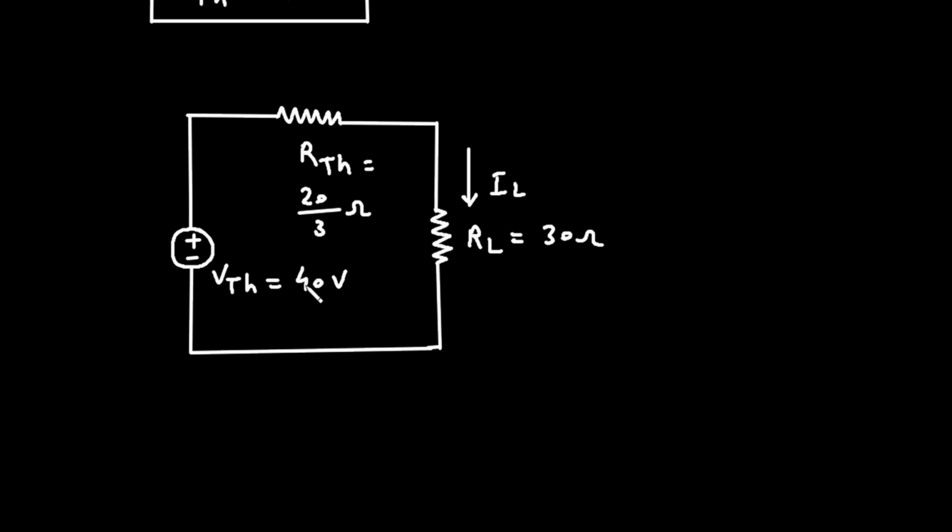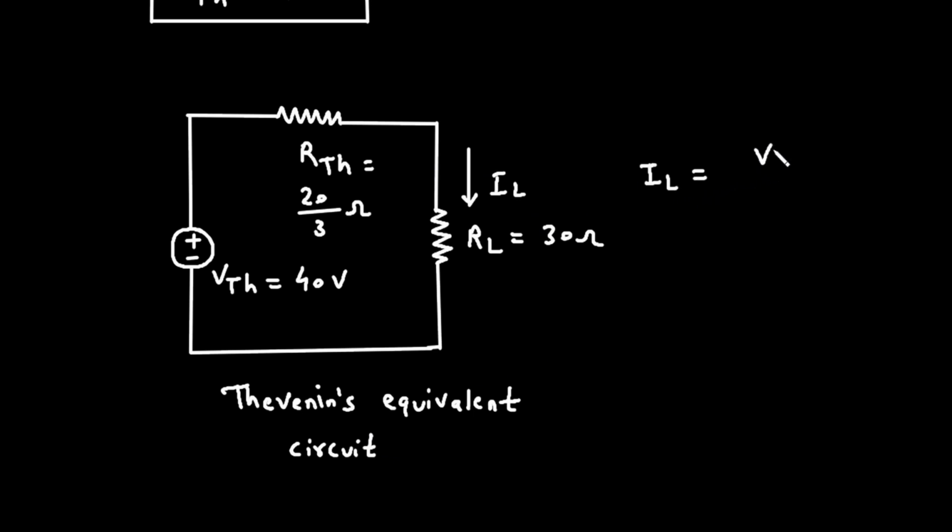Now this circuit is called Thevenin's equivalent circuit. And the formula to calculate IL is equal to VTH upon RTH plus RL.